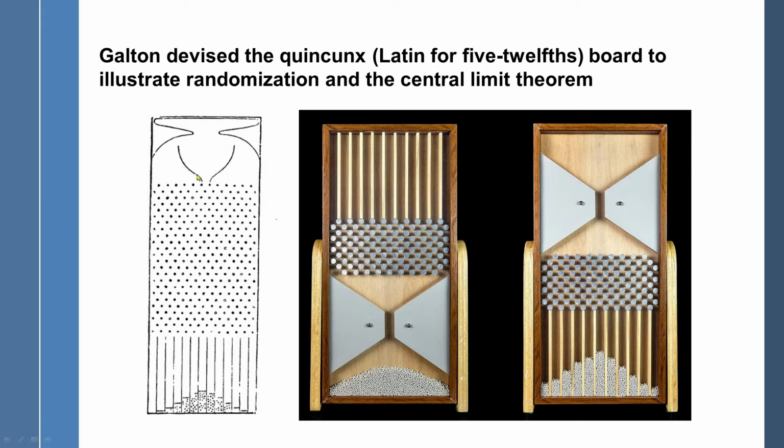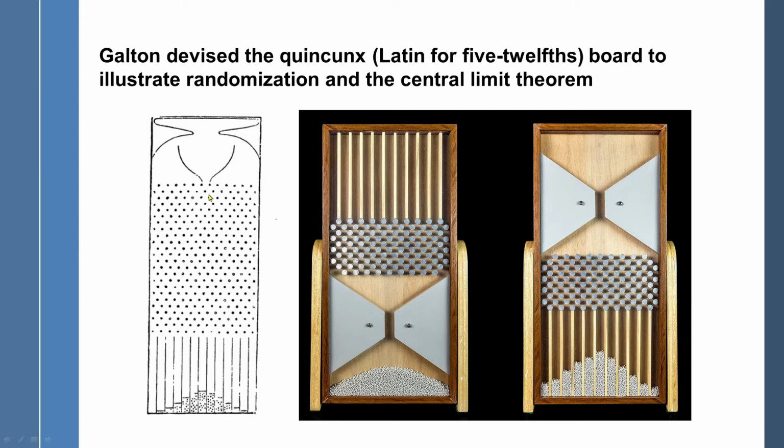If the top here is filled with buckshot, and then you open a gate here and allow it to go down, as the buckshot pass by each one of these pegs in the board, it randomly goes down either the left side or the right side.